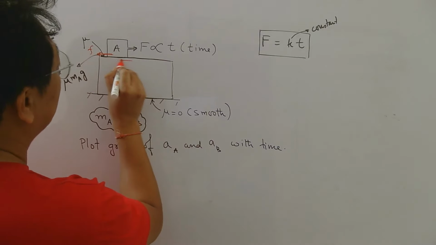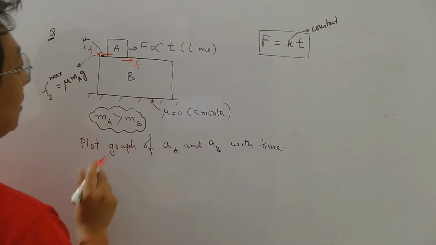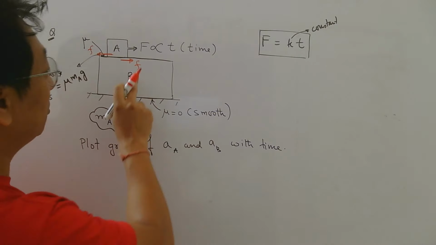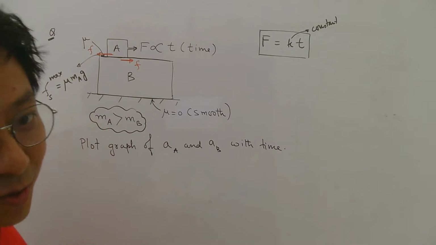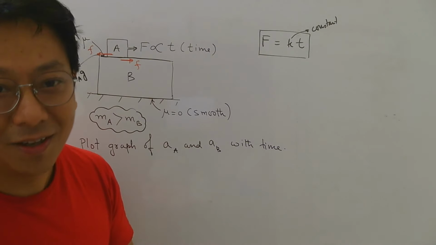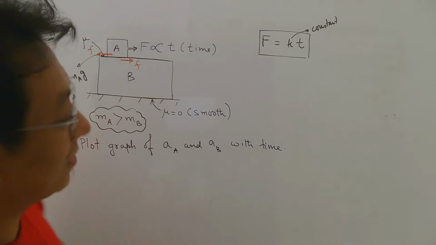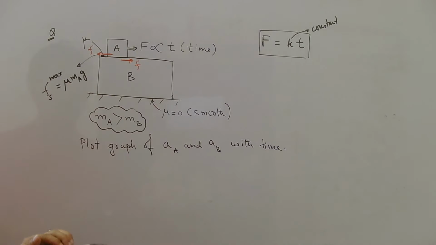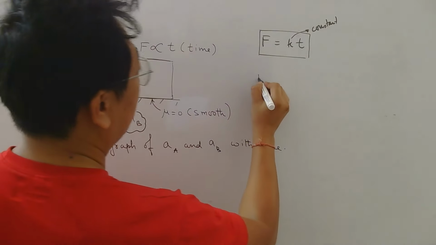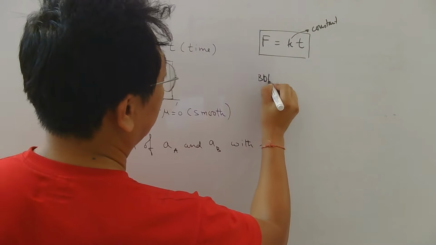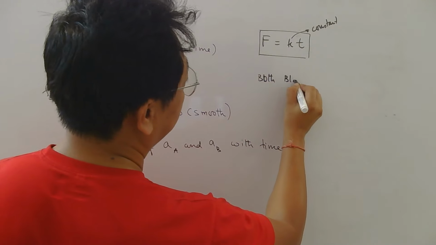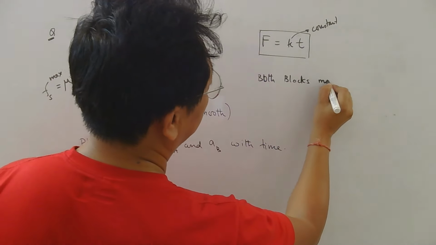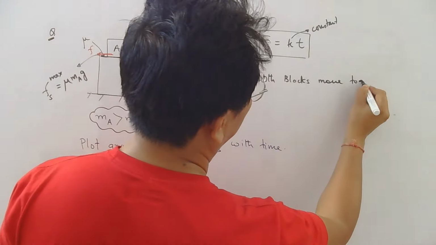Reaction of that friction on block B will be this side, and here there is no friction to cancel this friction. So here there is no need to check that both the blocks are at rest. So let us assume first that both the blocks move together.